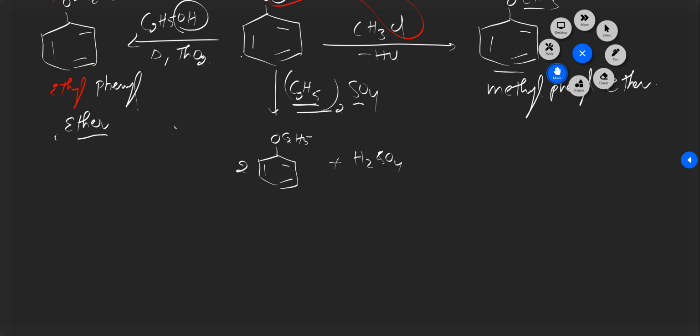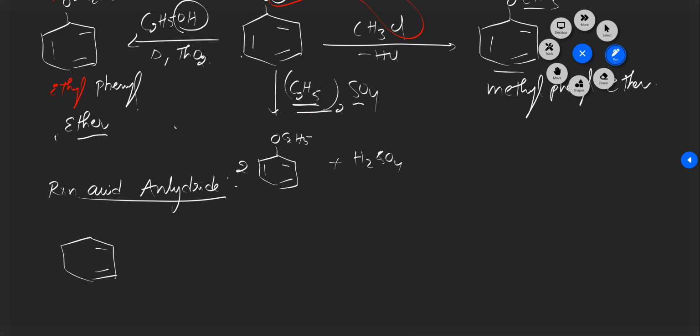Next one is reaction with acid anhydride. Phenol is reacting with acid anhydride, C double bond O, C double bond O, CH3. This is the acid anhydride.